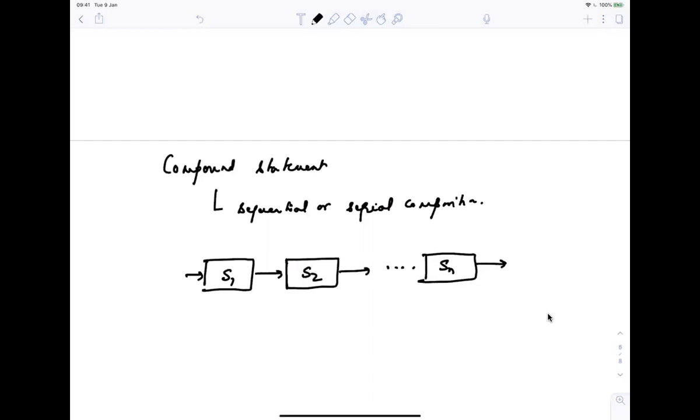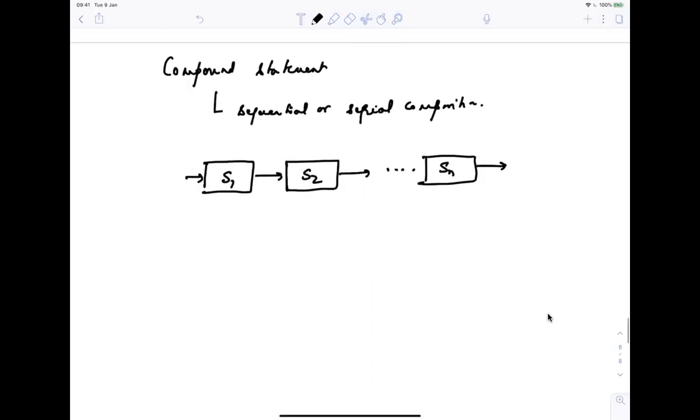Now, an example would be something like this. I can use assignment itself. x is assigned the value of x plus 1, assuming that variables have been declared appropriately, then x plus 2, y is equal to x plus z.